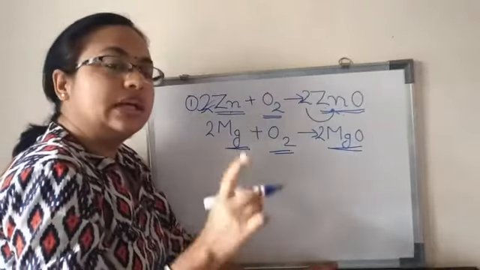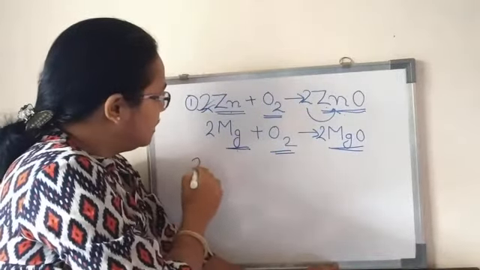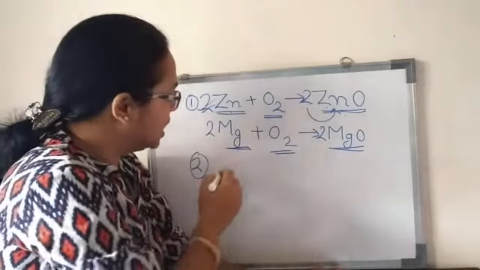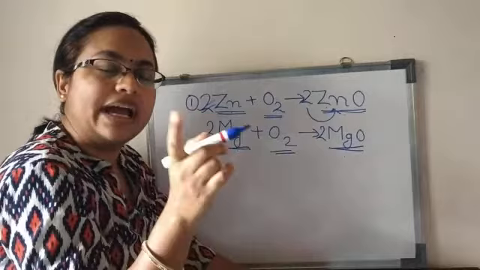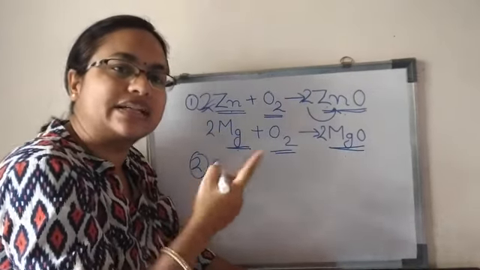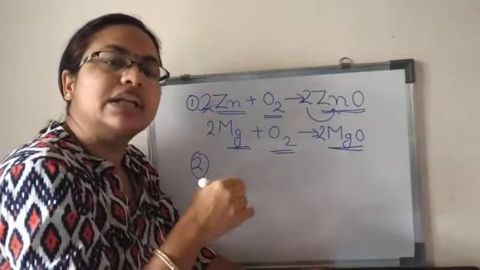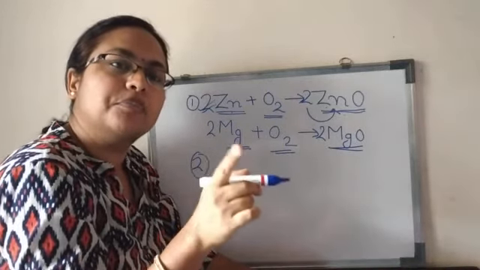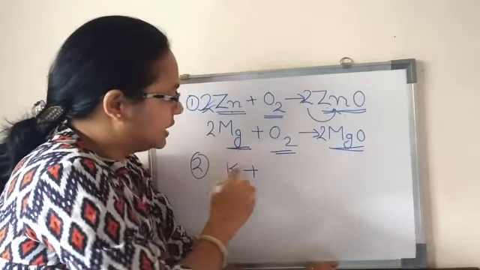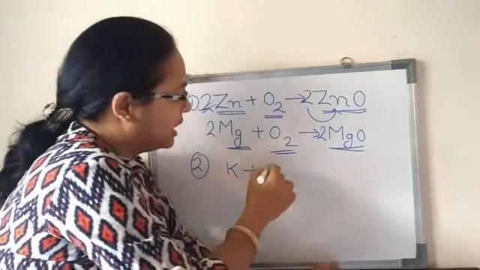Next is the example of the reaction of metal with the water. As in the PPT you have seen the example of sodium reacting with water, here I would like to show you the example of potassium reacting with water. So potassium, which is the metal, it is K, and water.